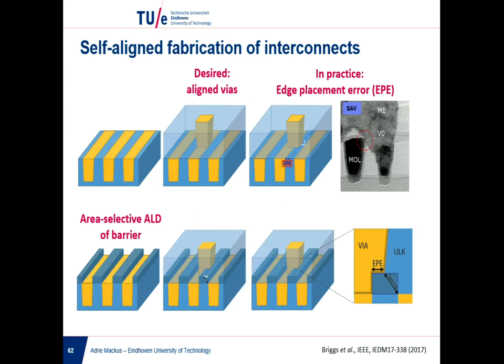If you have an ALD process for that, you can grow this barrier layer, and then even if you pattern this via at exactly the right spot, the same spot as with the EPE as before, you have this additional spacing that prevents the device from shorting. So by adding one selective deposition step, you can make this device more reliable. Is that clear?